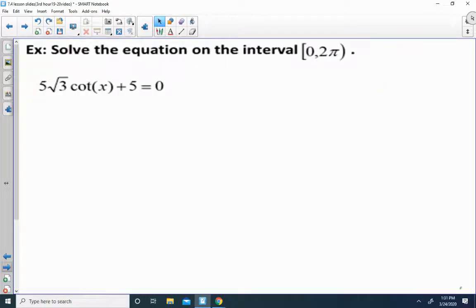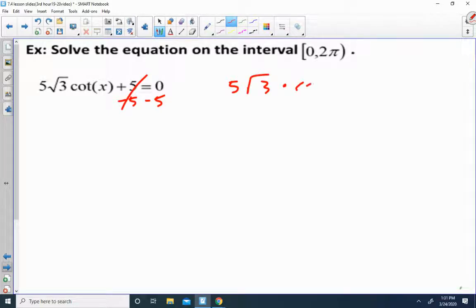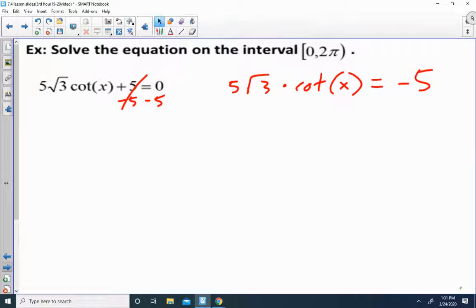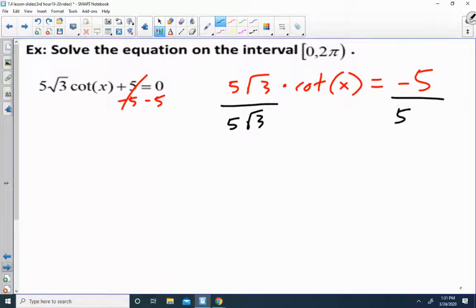So now, same thing. We're going to find all the solutions from 0 to 2 pi. Let's first get the trig function by itself. First, I'm going to subtract 5 from both sides. So we're going to have 5 root 3 times cotangent x equal to negative 5. Then we just divide both sides by 5 root 3, because that's the opposite of multiplication.